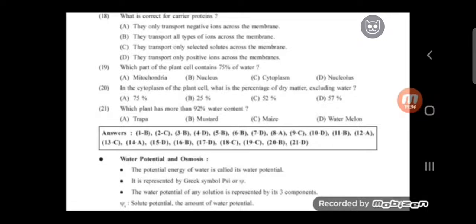So if we come to question number 21, they have asked which plant has more than 92% of water content. Is it trapa, mustard, maize, or watermelon?